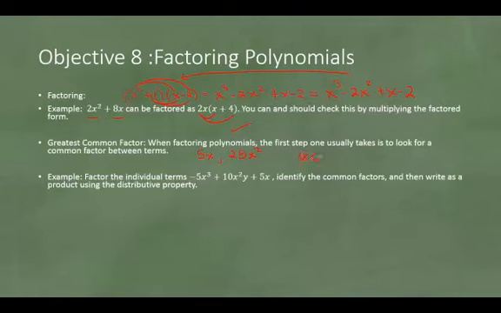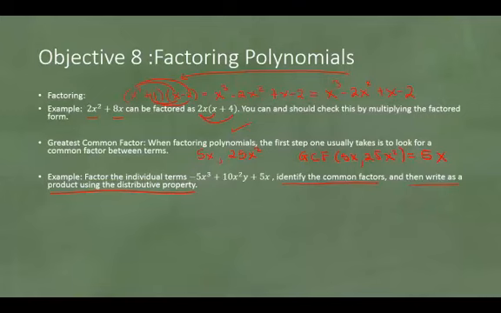The greatest common factor of 5x and 25x squared is 5x. The usual steps for this is to find the greatest common factor and then write the terms as products.